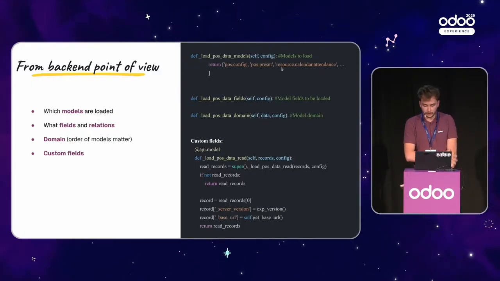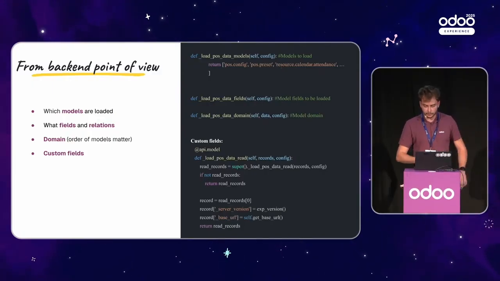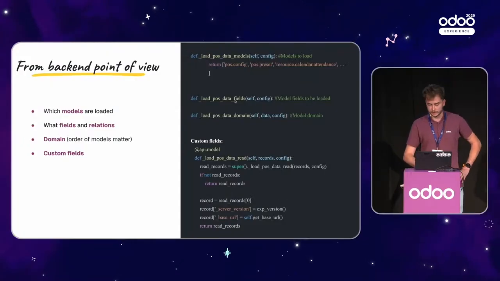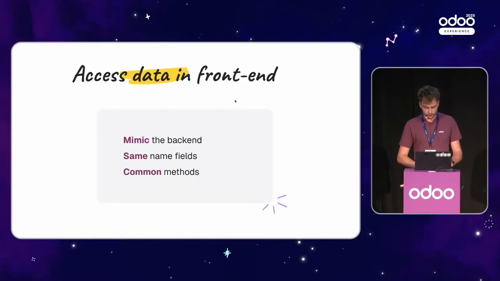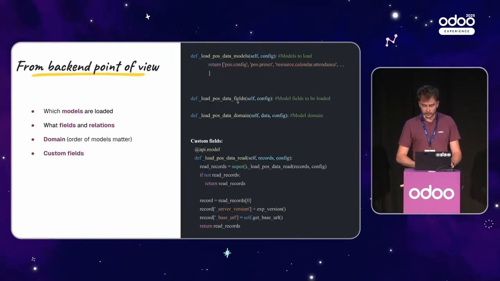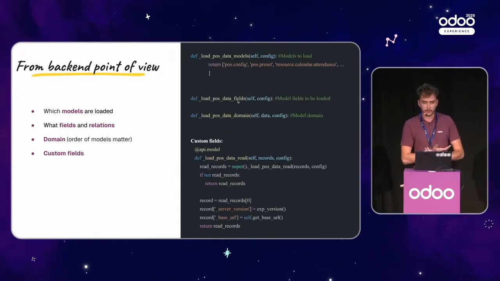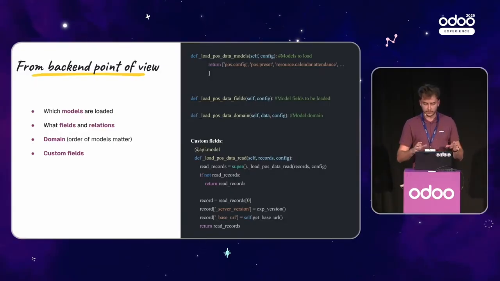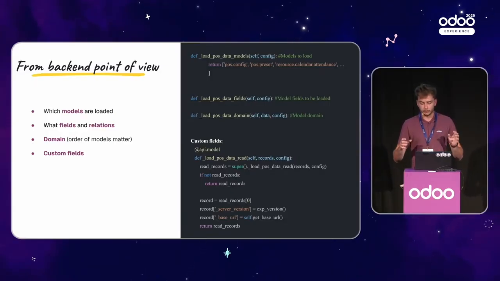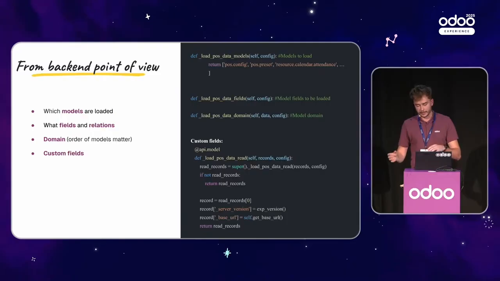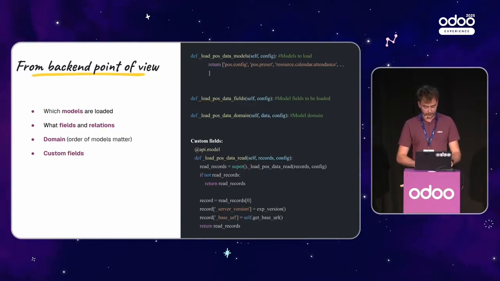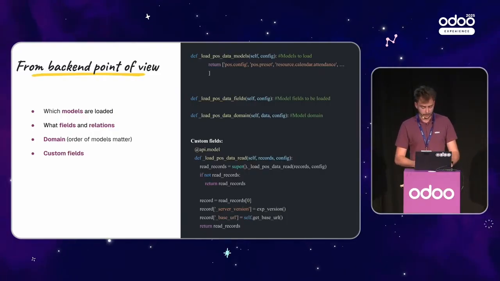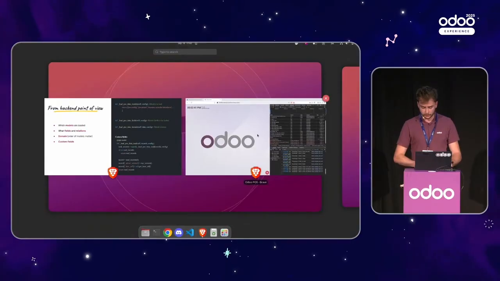This is used by the two data fields methods, where we actually specify which fields we want to load from which model. These methods need to be overridden in the model in the backend to return an array with the field names.